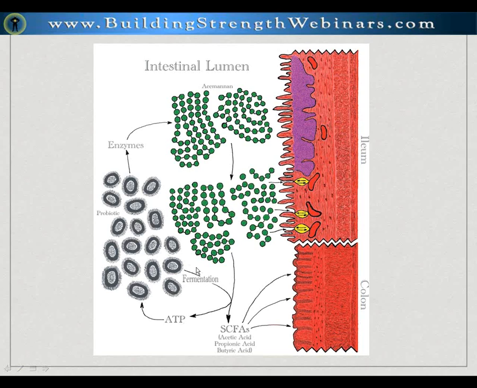The remainder, or most of the polysaccharides, are digested into small-chain fatty acids. These are acetic acid, like vinegar, propionic acid, and butyric acid, and they feed the colon. So you have a system where fiber helps feed the colon, and this is a true symbiotic relationship.